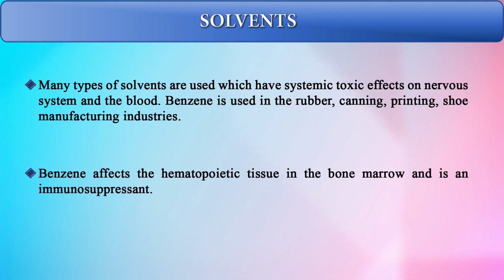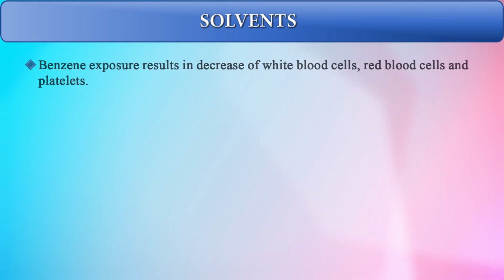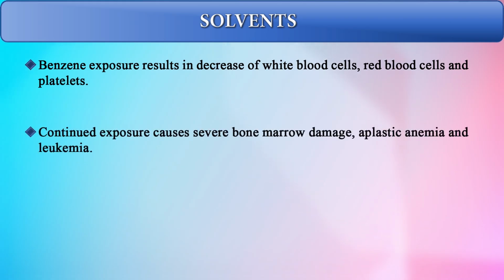Benzene will affect the blood and the hematopoietic system, and it also affects the bone marrow, because the bone marrow is very important in the blood forming tissues and the platelet formation, and this benzene is an immunosuppressant. Benzene exposure results in a decrease of the white blood cells, the red blood cells, and also the platelets. So continued exposure will cause severe bone marrow damage, aplastic anemia, and also leukemia.